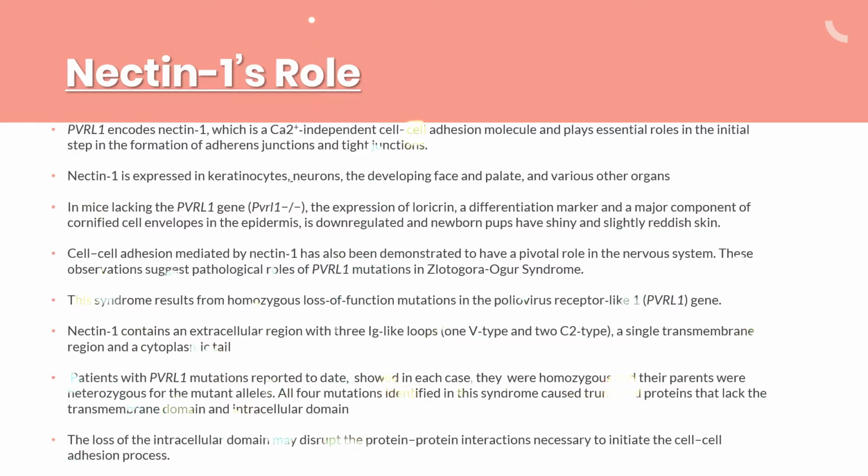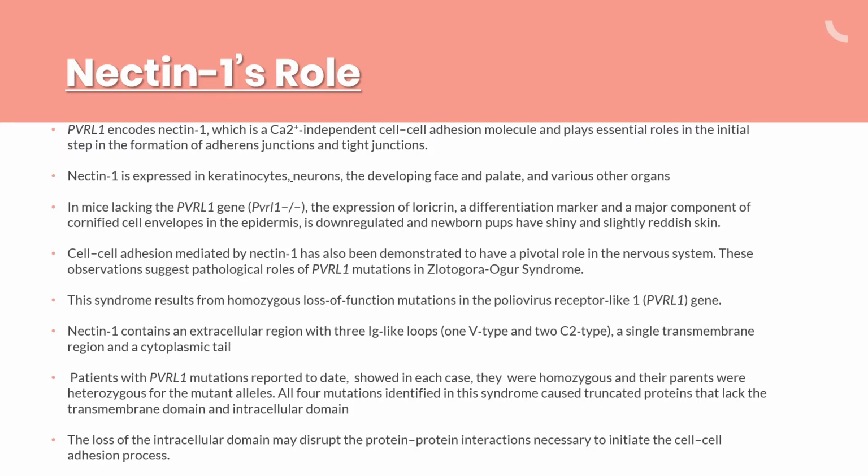Nectin 1's role: PVRL1 encodes nectin 1, which is a calcium-independent cell-to-cell adhesion molecule that plays an essential role in the formation of adherens junctions and tight junctions. Nectin 1 is expressed in keratinocytes, neurons, the developing face and palate, and various other organs.